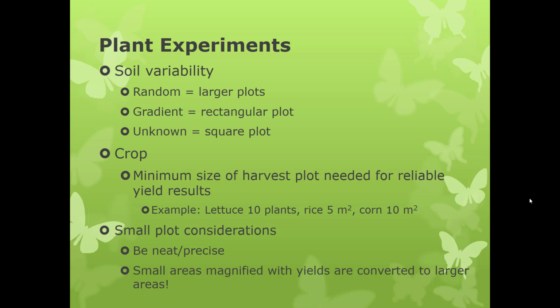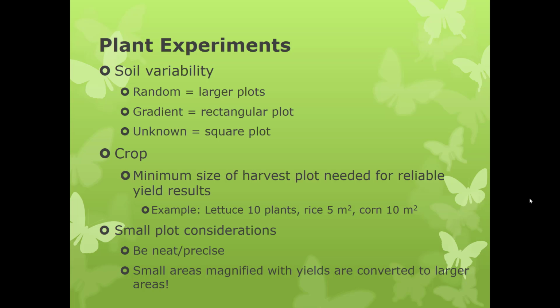In that case, you want to make sure that you have a rectangular plot to capture the whole entire gradient. And if you have an area where the soil is unknown, first of all, that's not really an excuse anymore. We have this wonderful tool called Web Soil Survey, and it will give you, at the bare minimum, the soil variability in an area. But if you have an unknown variability, a square plot is always going to work best.